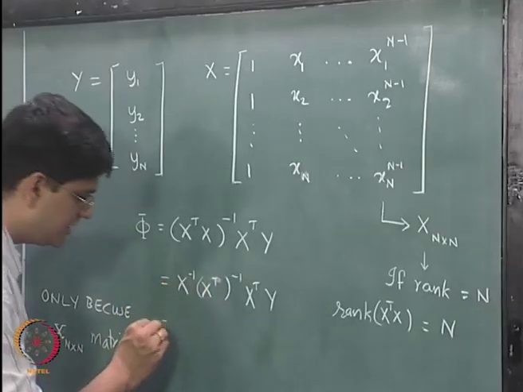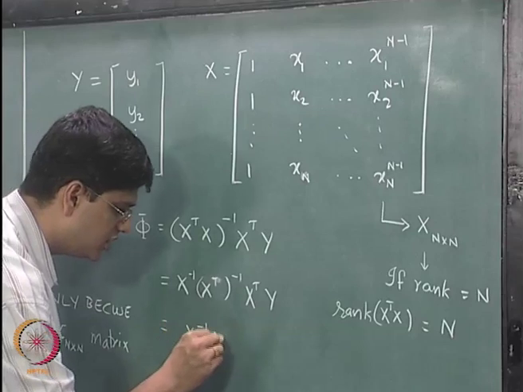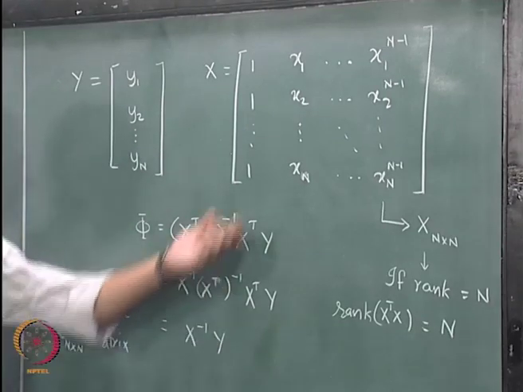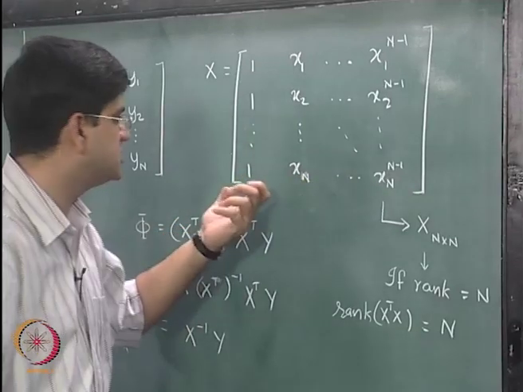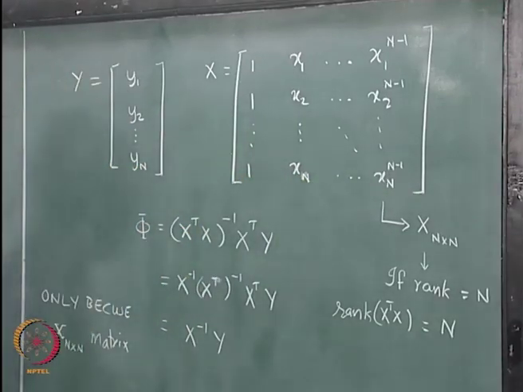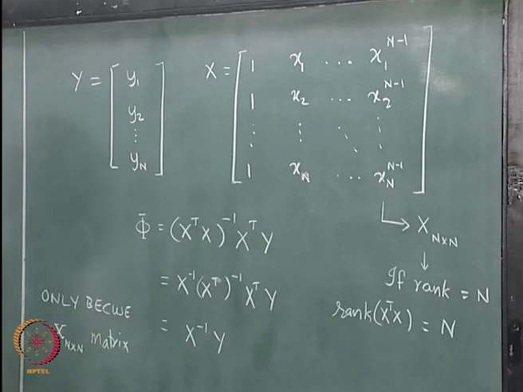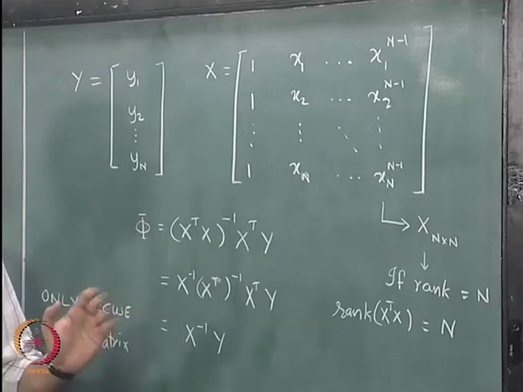And that will give us really phi equal to X inverse Y. So you get this particular matrix X, just invert that matrix, multiply with the matrix Y, and we will be able to get the values of a0, a1 up to a(n minus 1). That will give us the perfect fit for the purpose of interpolation.